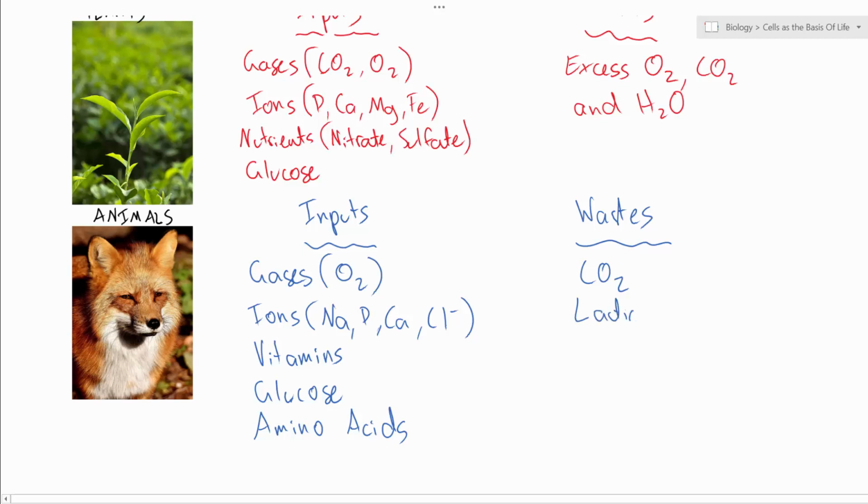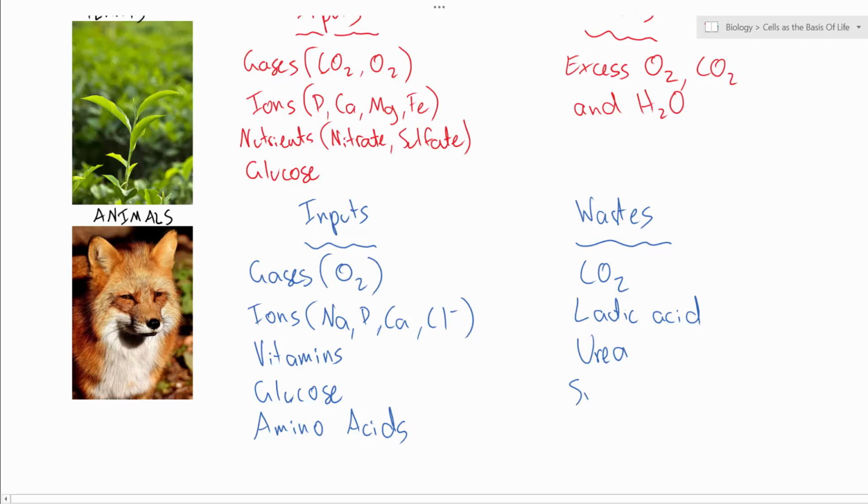Lactic acid, which is produced through anaerobic respiration or fermentation. Urea. Urea is mainly excess amino acids, or old broken down amino acids, which are broken down and then urinated out of the body, or a little bit can be sweated out of the body if we have an animal that sweats.